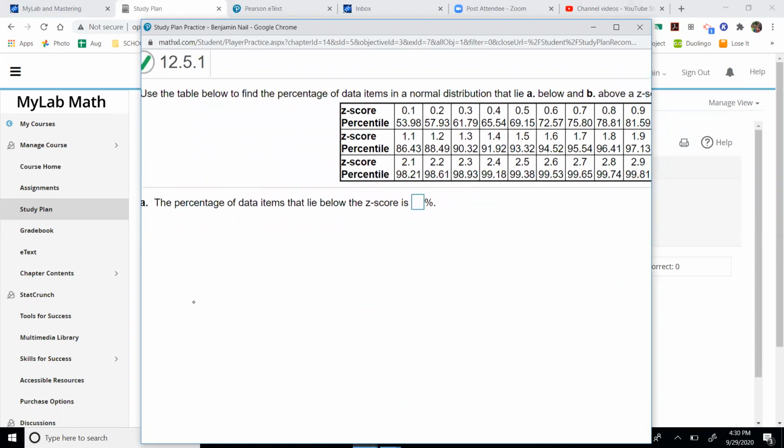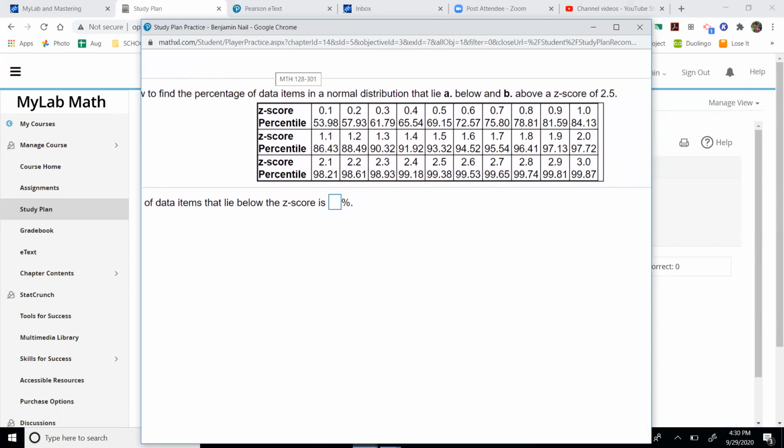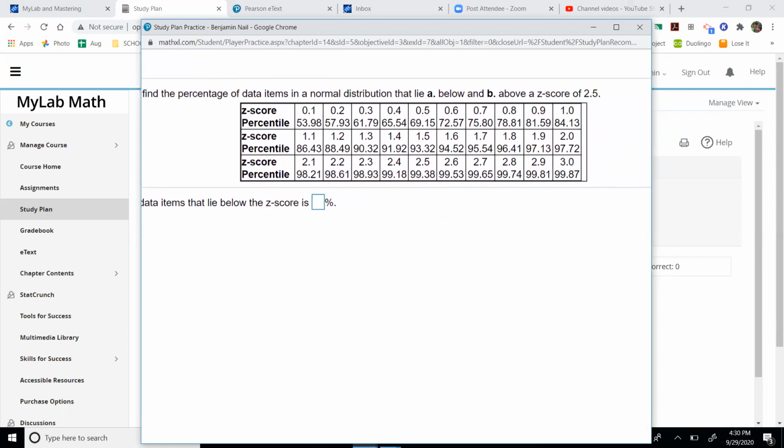Use the table below to find the percentage of data items in a normal distribution that lie below and above a certain z-score. Specifically, we're looking at a z-score of 2.5, which, if you look on your chart, correlates to the 99.38 percentile. Again, a percentile is the percentage of people that fall below that data point.